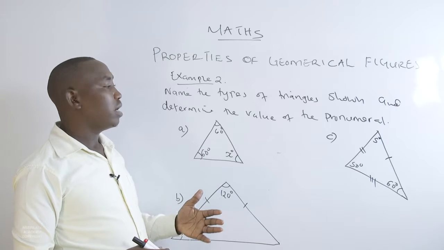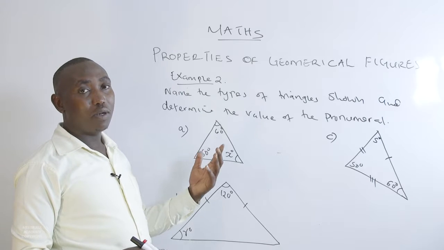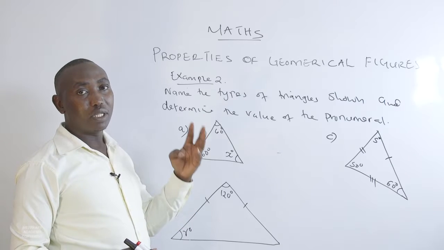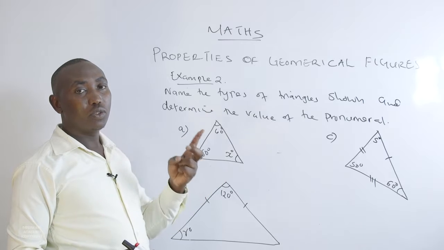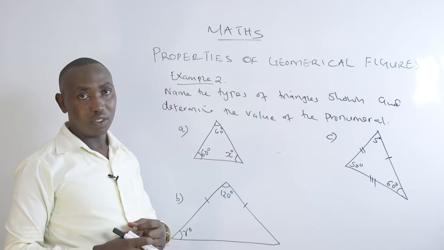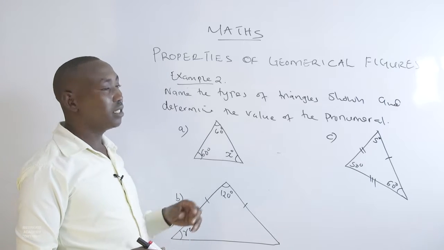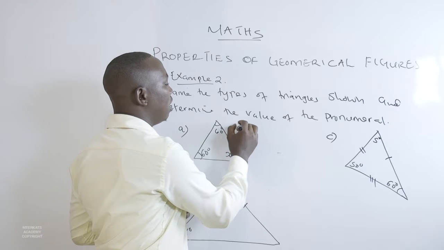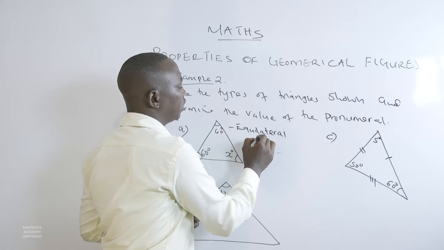This will tell you that first, this is an acute angled triangle where all the angles are going to be less than 90. And therefore it falls in one of three categories. It can be an isosceles triangle, it can be a scalene triangle, or it can be an equilateral triangle. And because already the two sides are equal and it is 60 degrees, that will automatically tell you that this will be an equilateral triangle.